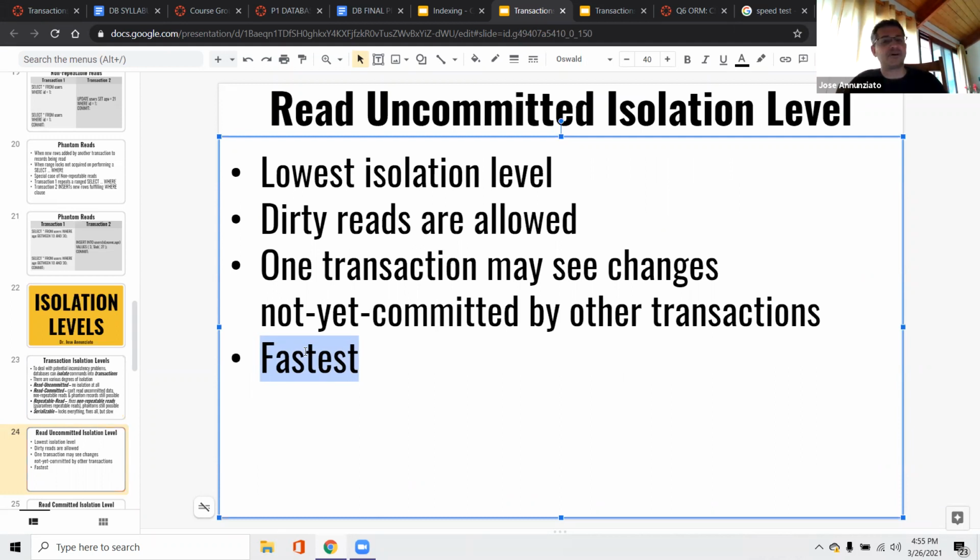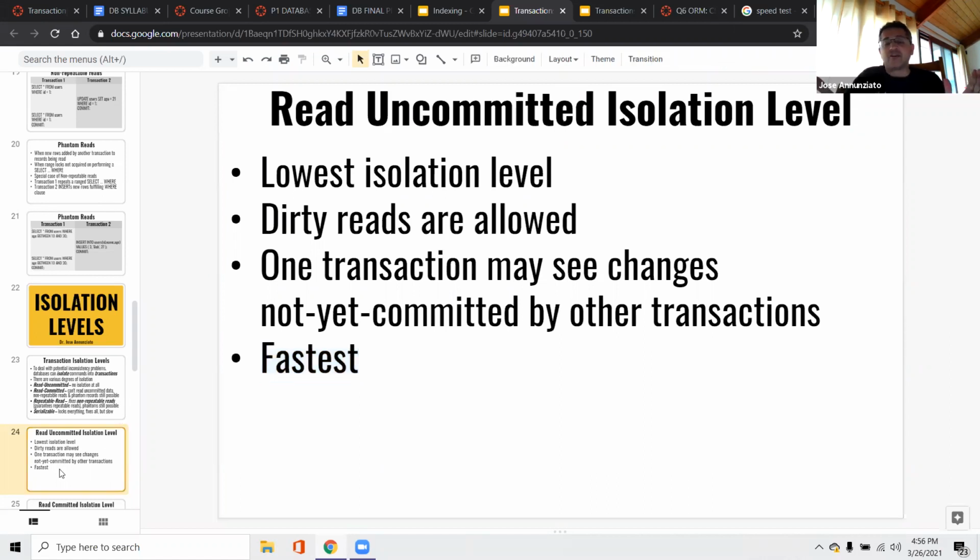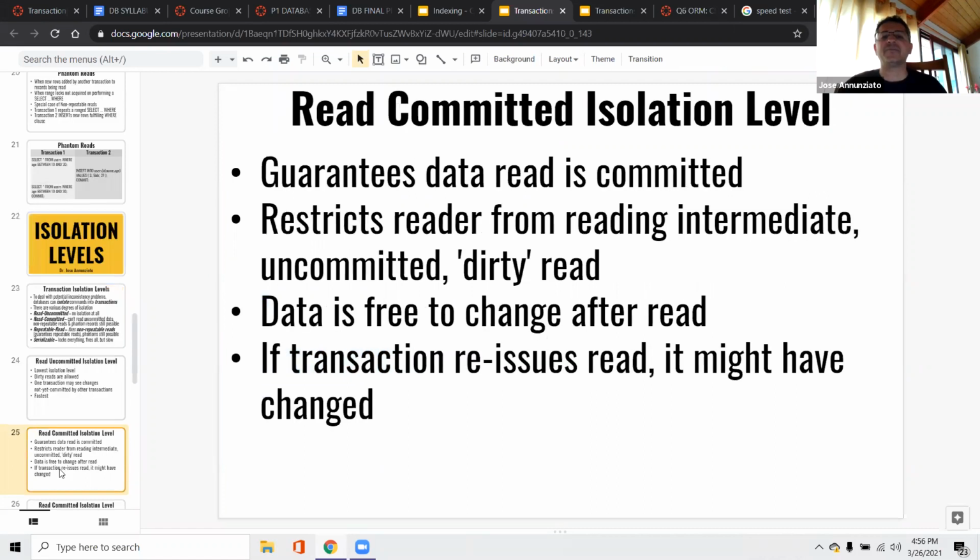But it also opens you up to potential inconsistencies. But it might be okay. There might be cases where you have tables that are read only, and so this level is just fine.